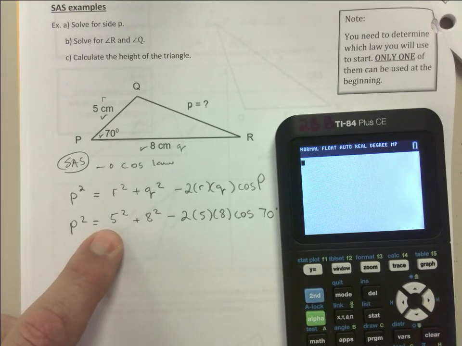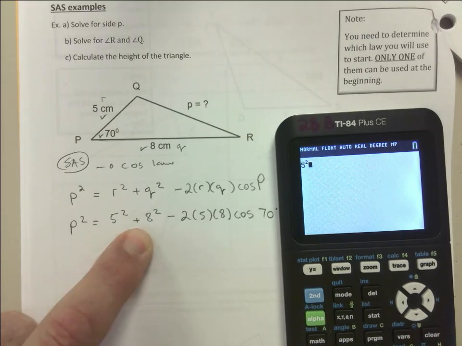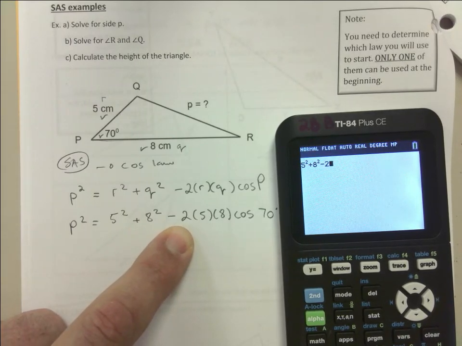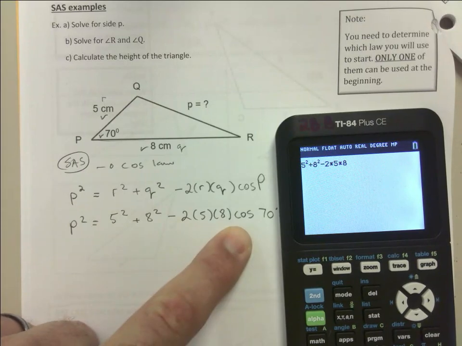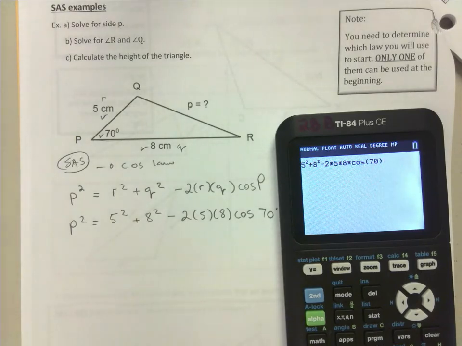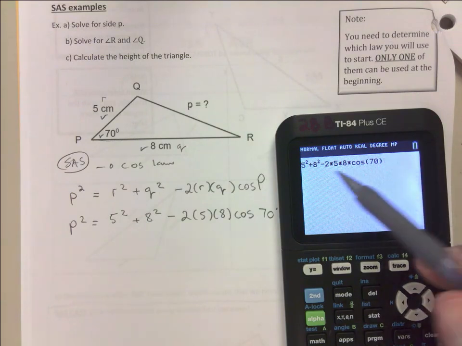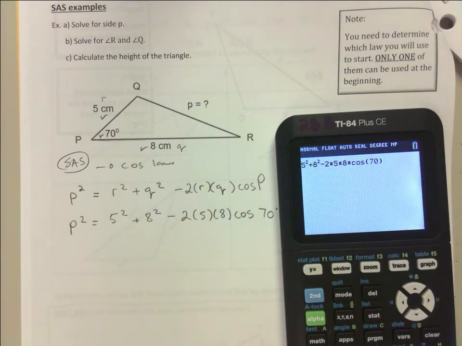So watch what I do. 5 x squared plus 8 x squared minus 2 times 5 times 8 times cosine of 70. Close the bracket. I enter it all in one shot, just like that. Please don't use the negative at the very bottom, under the 3, because then you will multiply everything. It's minus. Hit enter.